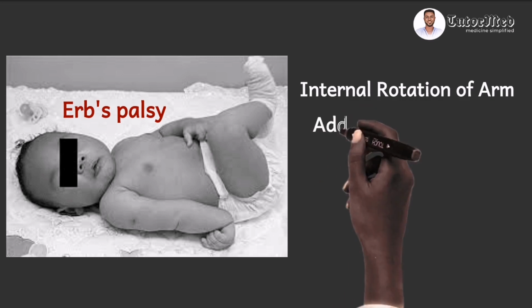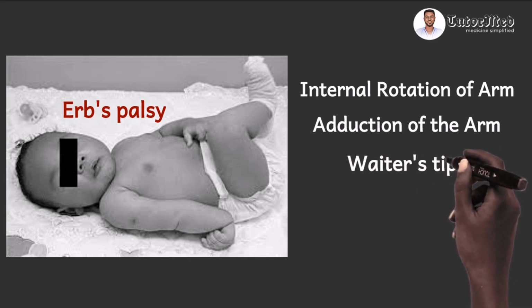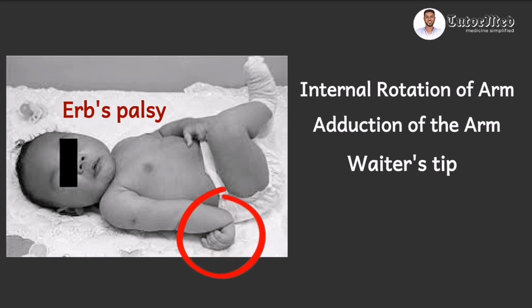And the baby has adducted the arm, so the arm is close to the trunk, and you can see the waiter's tip. When a waiter is taking money from a customer for helping him or her, that sign they do is called a waiter's tip. So this baby has an internal rotation of the arm, adduction of the affected arm, and the waiter's tip.